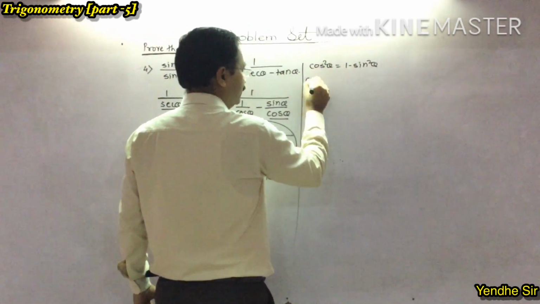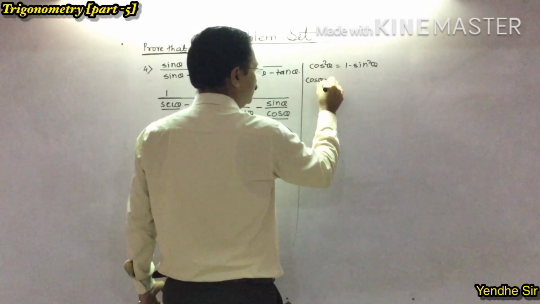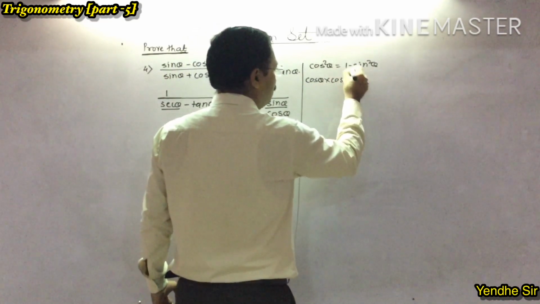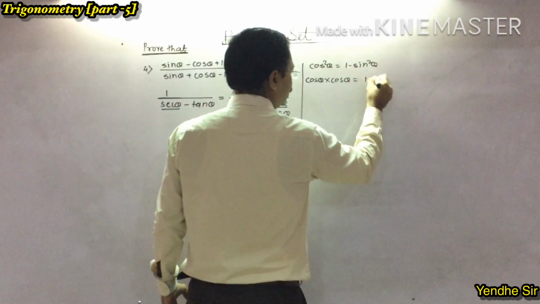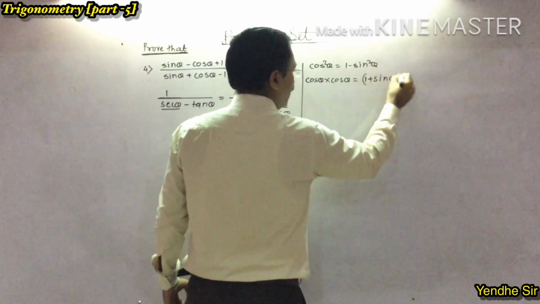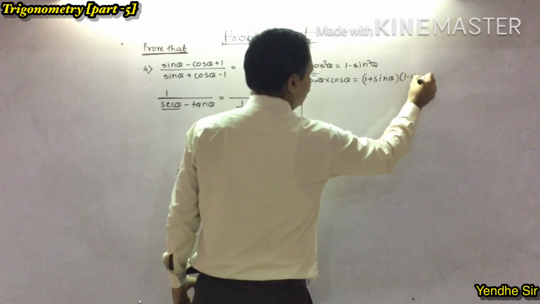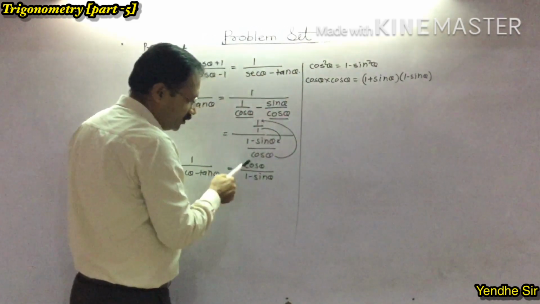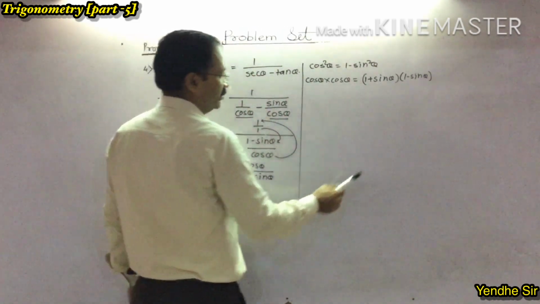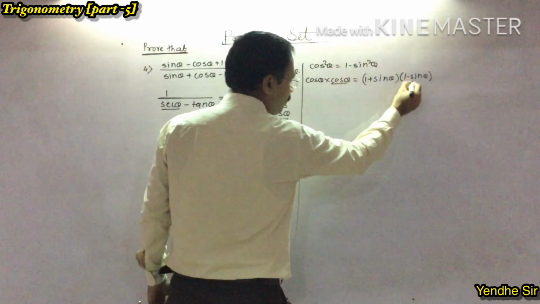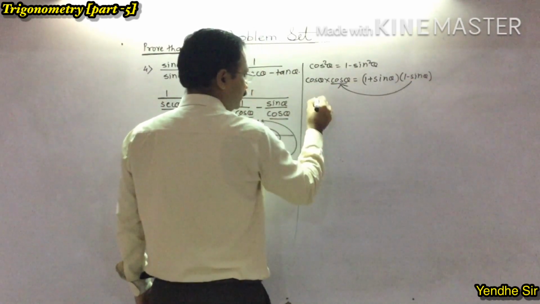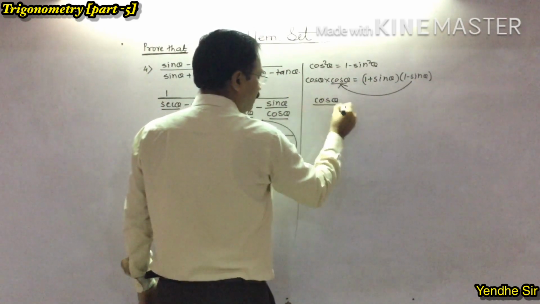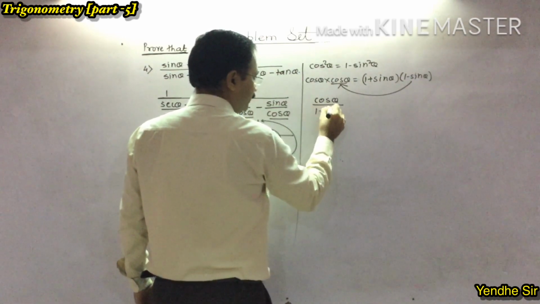So I am going to factorize it. Cos square theta means cos theta into cos theta, and 1 minus sin square theta means 1 plus sin theta in one bracket and 1 minus sin theta in another bracket. So what I need is cos theta upon 1 minus sin theta.